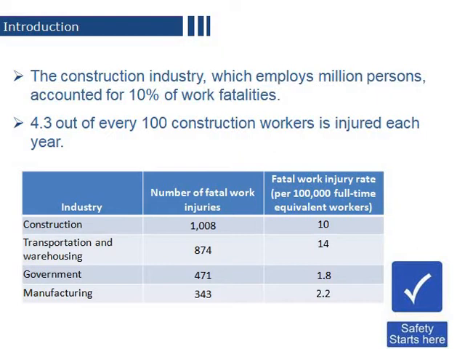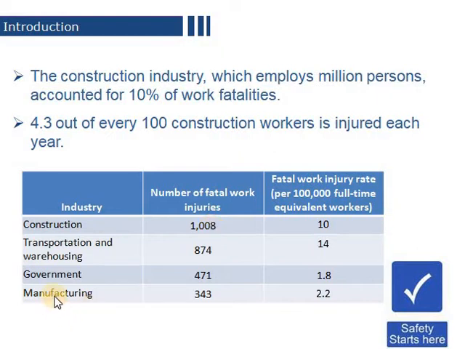The protection of people from harm has been a focus of many fields of engineering. However, the rate of accidents in some industries is considerably high. According to a study done in 2018, the construction industry accounted for 10% of work fatalities. That year, the number of fatal work injuries was 1,008.